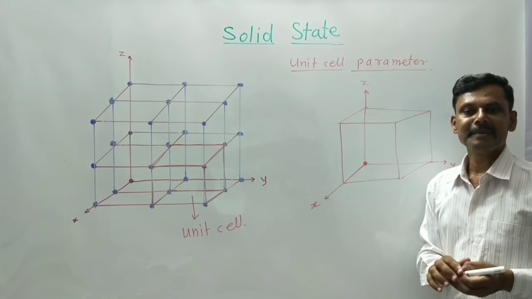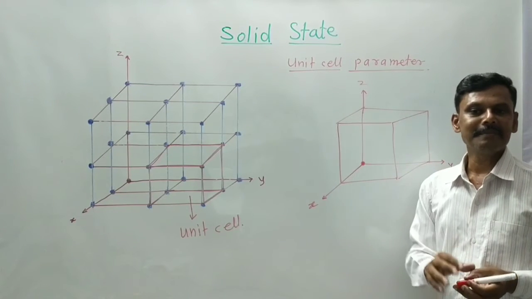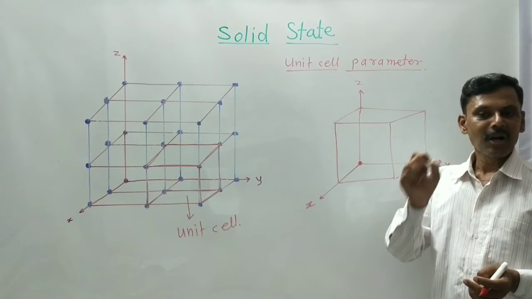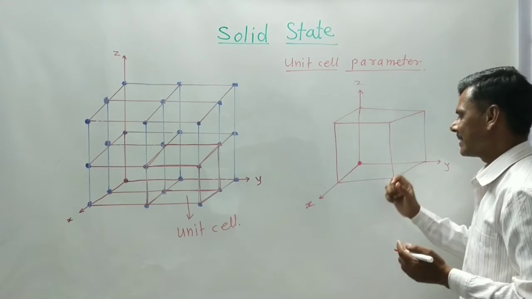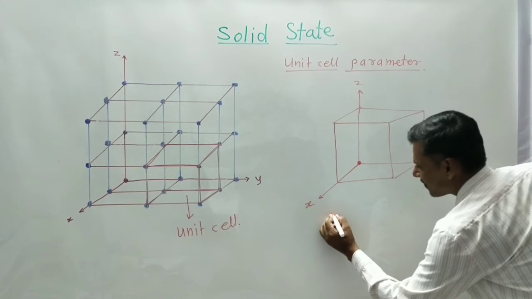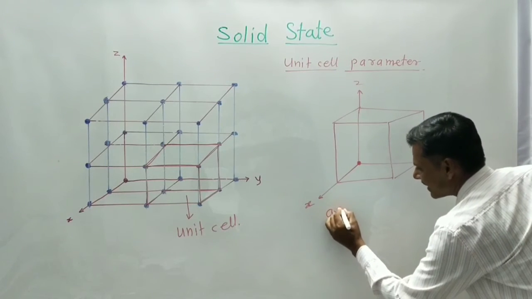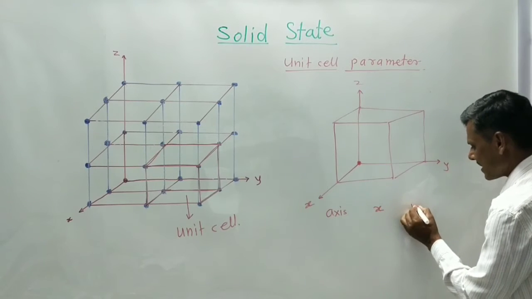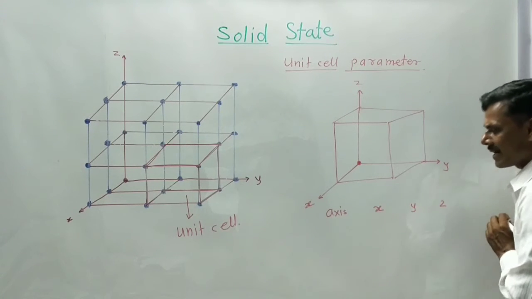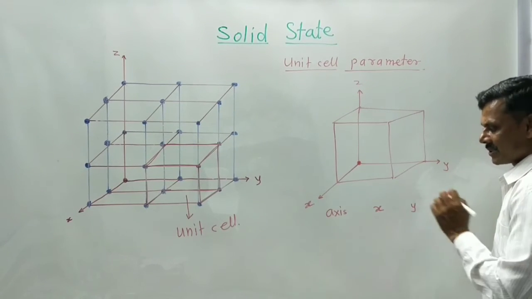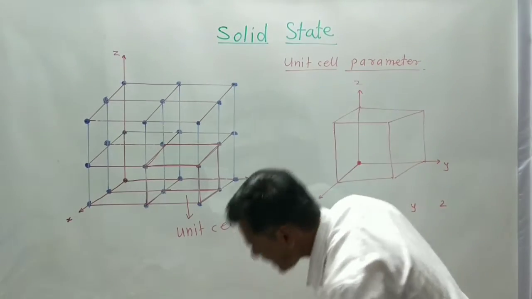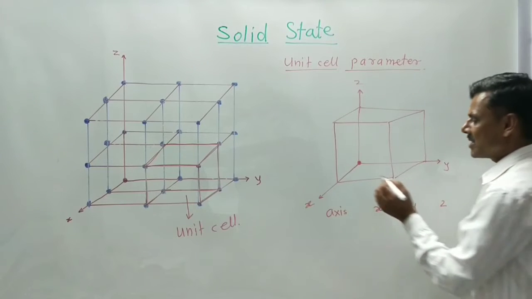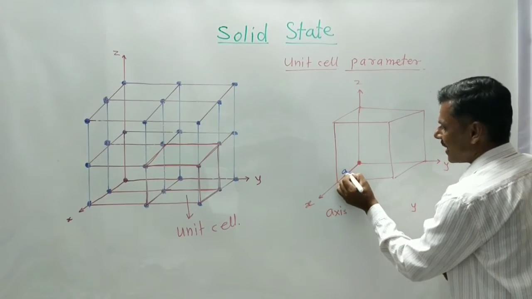Suppose the dimensions of the unit cell along each axis are, so we consider here x-axis, y-axis and z-axis. Suppose along x-axis, this dimension is a.